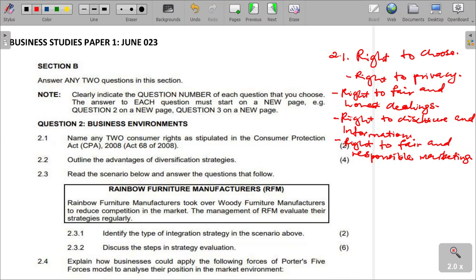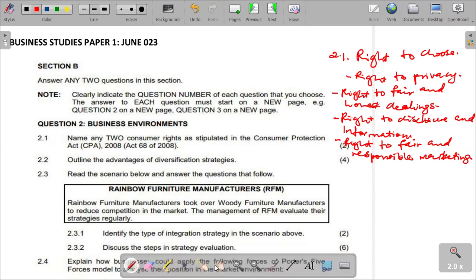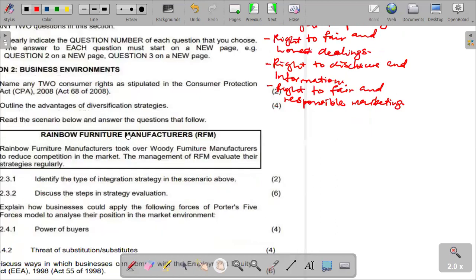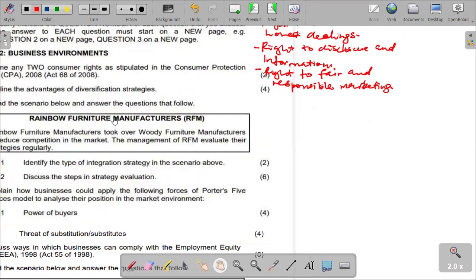And then the next question is saying, outline the advantages of diversification strategy. What are the advantages of diversification?